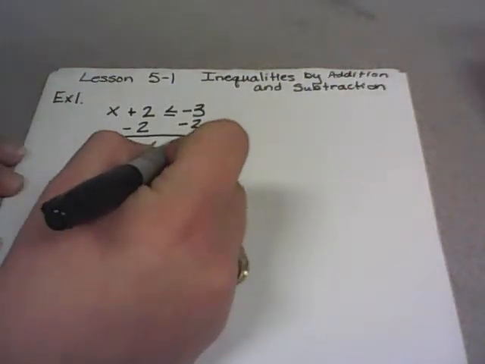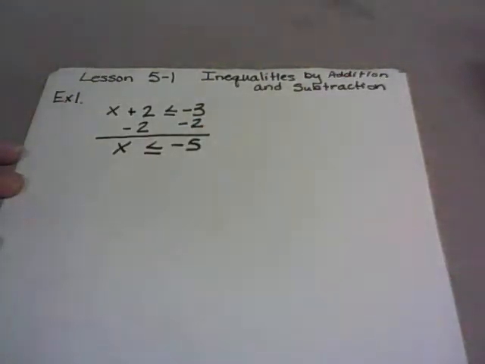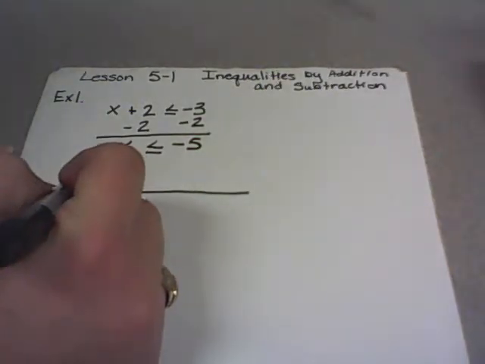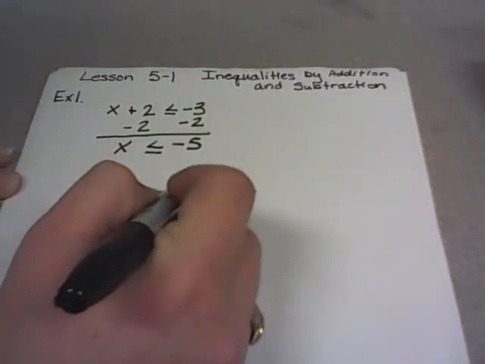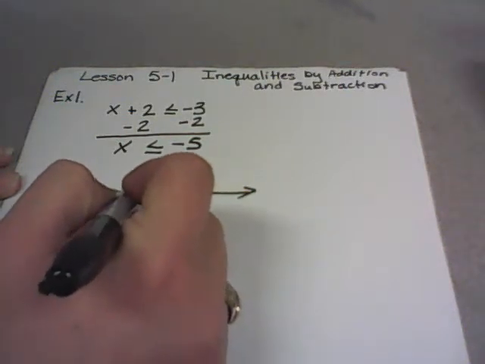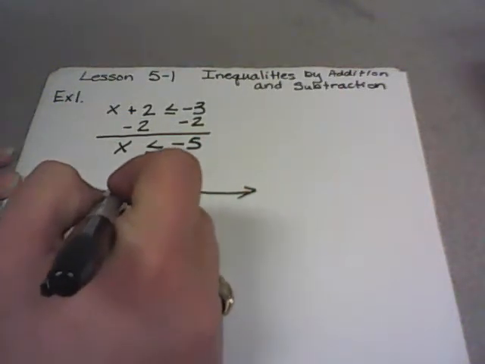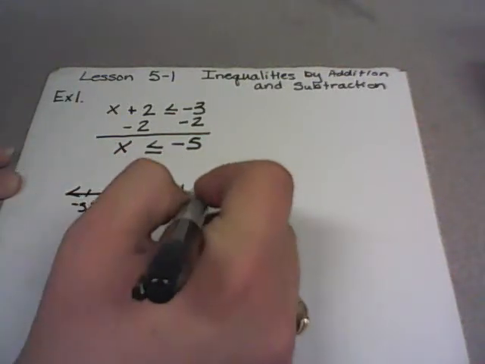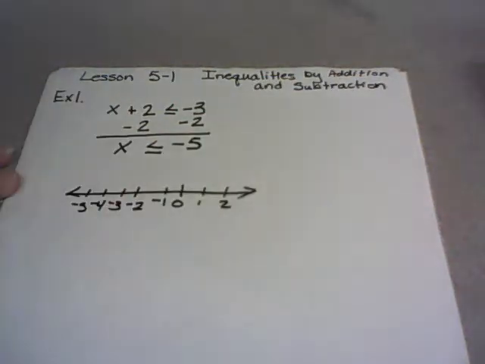So on my graph, if I was to draw this on a number line, my dot is actually going to go on the negative 5.